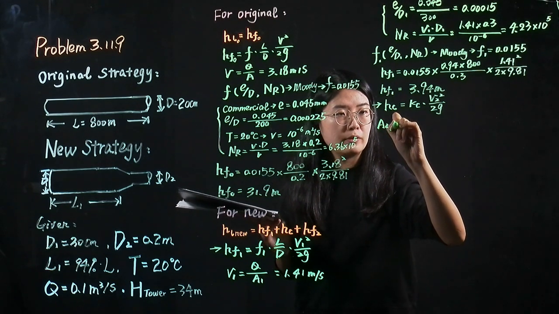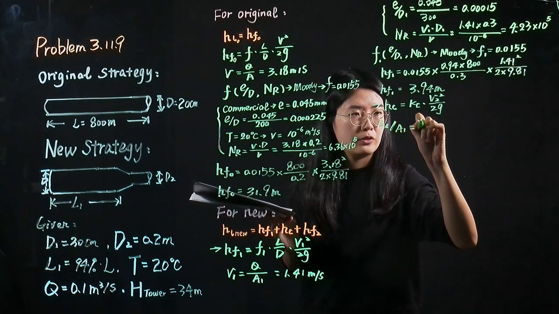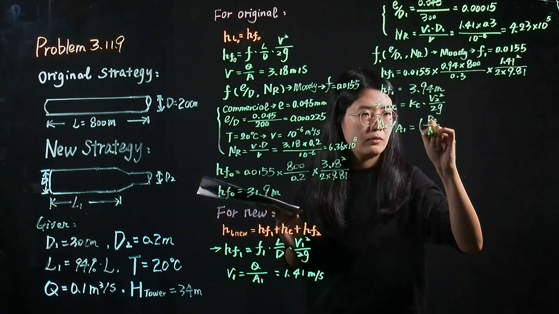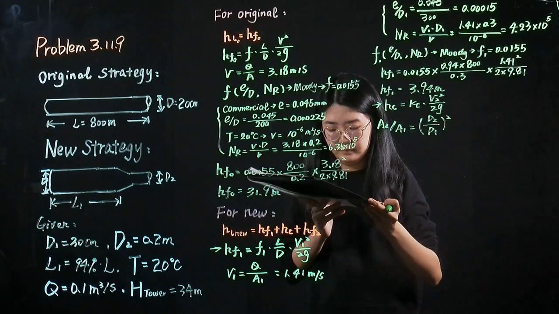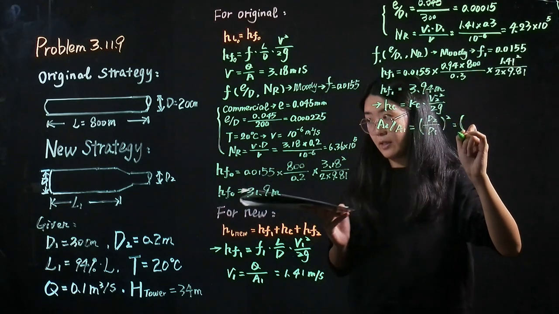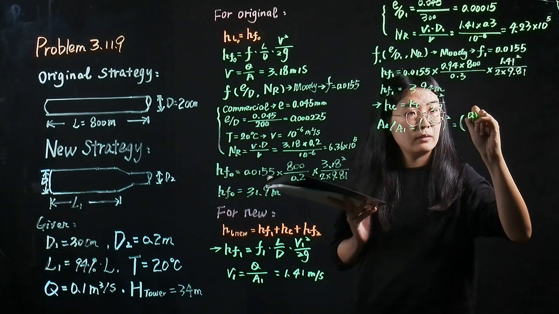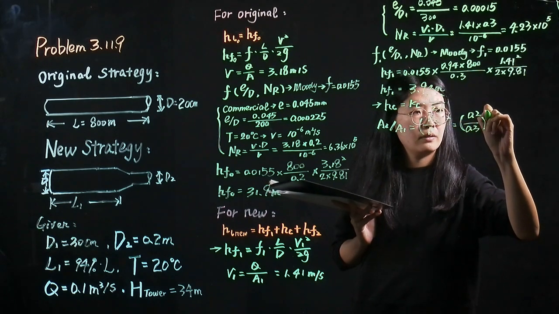A2 over A1 is equal to D2 over D1, to the power of 2. D2 is 0.2 meter and D1 is 0.3 meter.